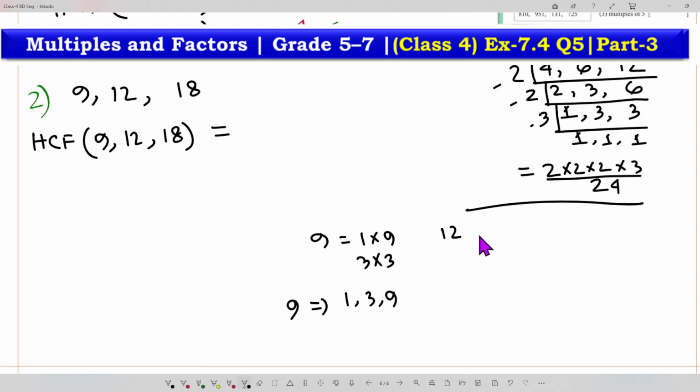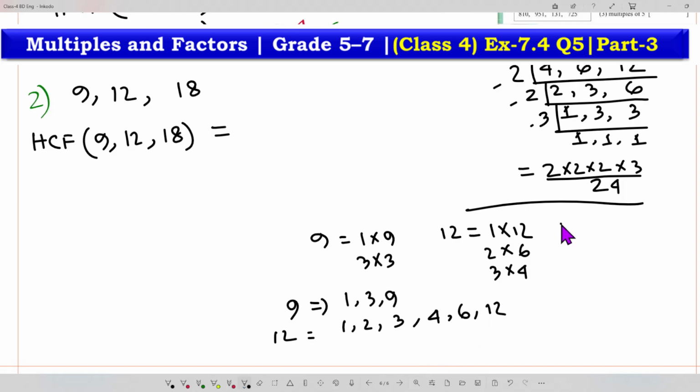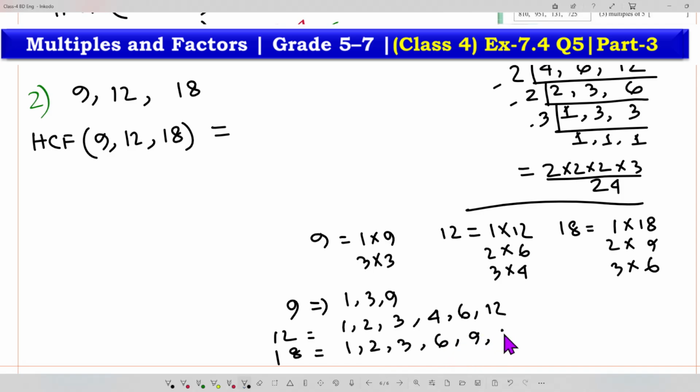Then 12: 1 times 12, 2 times 6, 3 times 4. So for 12 it's 1, 2, 3, 4, 6, 12. Then we have to find out 18: 1 times 18, 2 times 9, 3 times 6, that's it. So 18 equals 1, 2, 3, 6, 9, and 18.